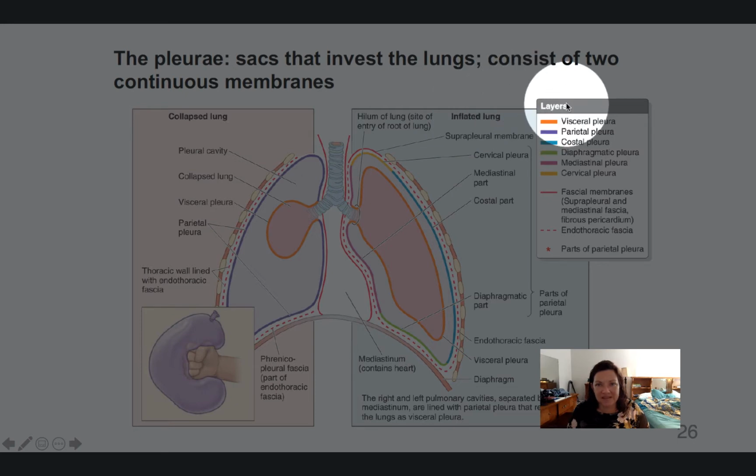Now, the two main divisions of the pleura that are really important are the visceral pleura and the parietal pleura. And so the visceral pleura, shown here in orange, not purple, orange, opposes the lung directly, while the parietal pleura opposes the thoracic wall. And this on the right side is a normally inflated lung. So you can see that there's a pleural space filled with pleural fluid.